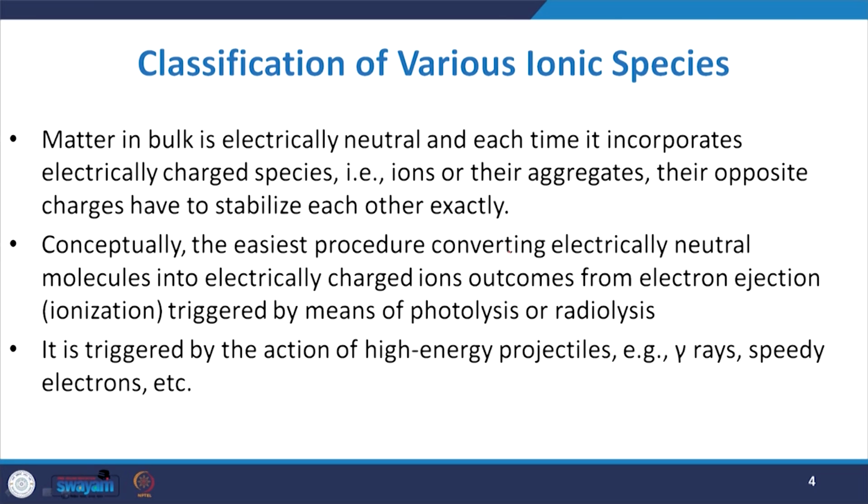Now, usually matter in bulk is electrically neutral, and each time it incorporates electrically charged species, that is ions or their aggregates. Sometimes their opposite charges have to stabilize each other exactly.